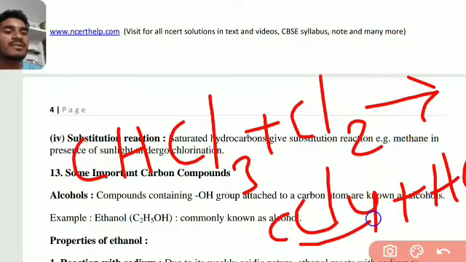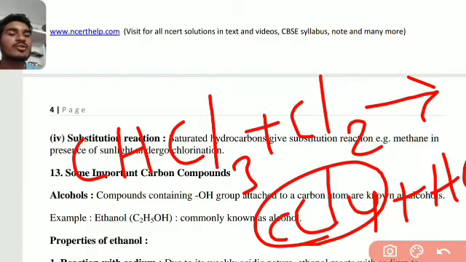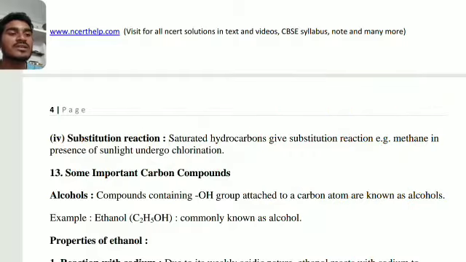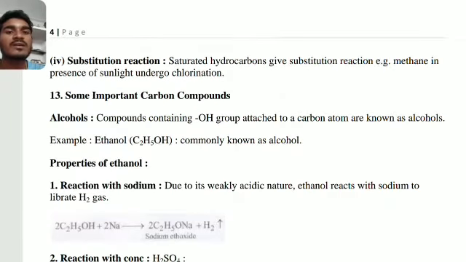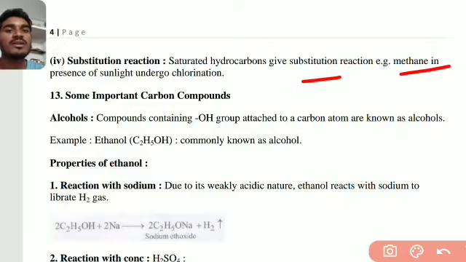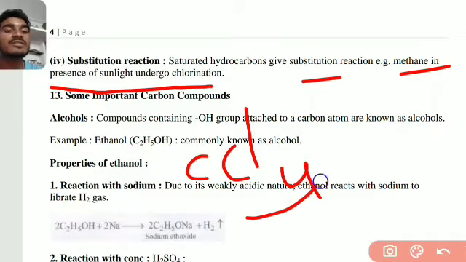Okay, carbon tetrachloride is finally produced in the substitution reaction. So this is an alkane. Substitution reaction means saturated hydrocarbons, as I already told you on the previous page. Saturated hydrocarbons, alkanes, always give substitution reactions. Example methane: in the presence of light we will get CCl4 as the final product.